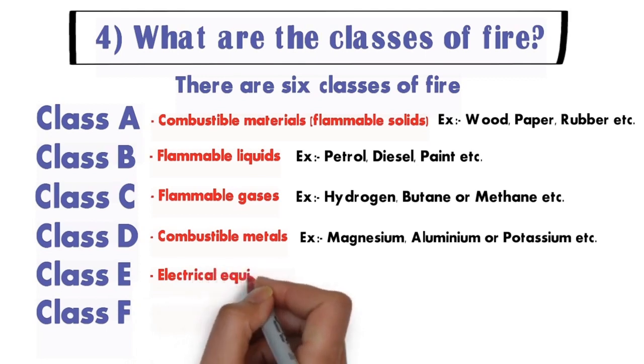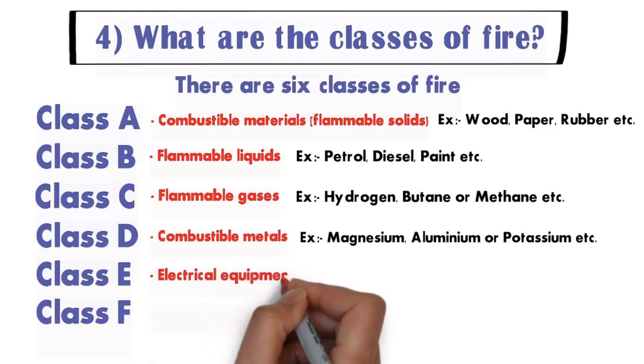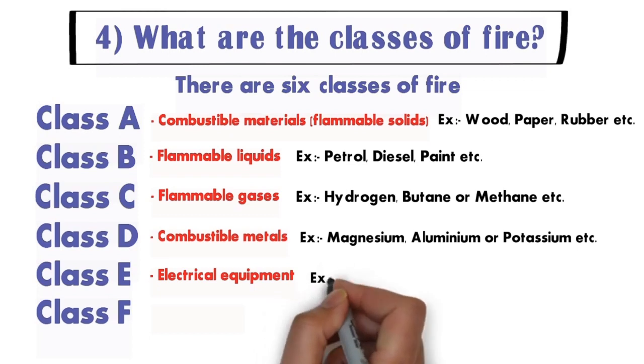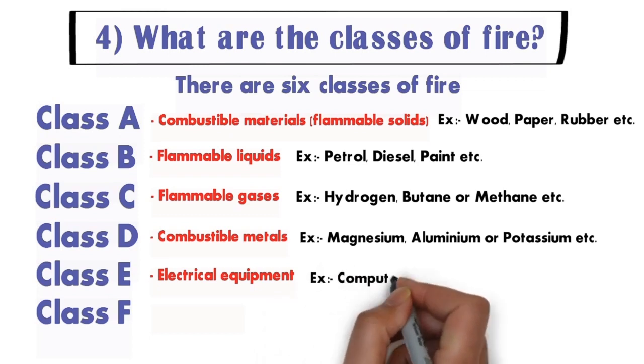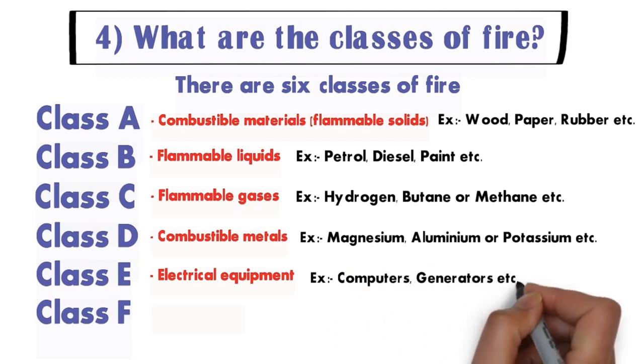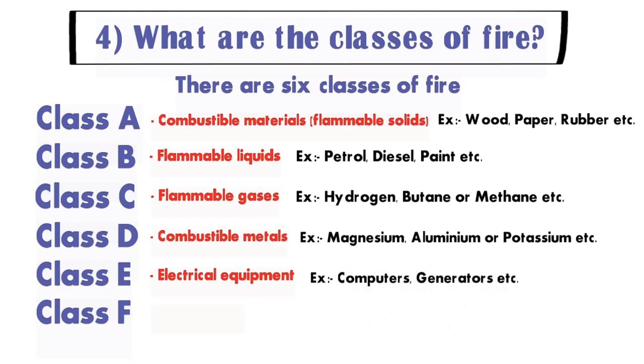Class E talks about electrical appliances, electrical equipment, electricity. Some people do not know that electricity also generates fire. The current that flows through electrical equipment or an electrical cable is the source of fuel.